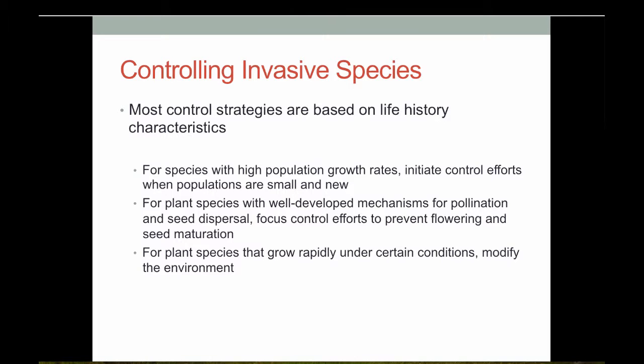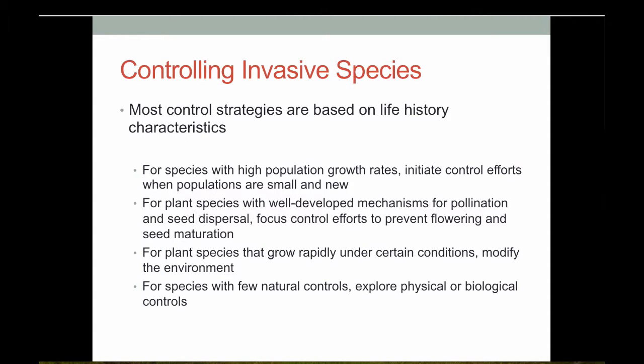And so we may need some way to modify that environment at the same time we're trying to deal with our restoration plan. And then for species where we have few natural controls, we probably would want to explore physical or biological controls. And this is something where you can usually rely on research from university scientists or federal agency scientists that are specifically looking at biological controls to help limit the spread and impact of certain pests.